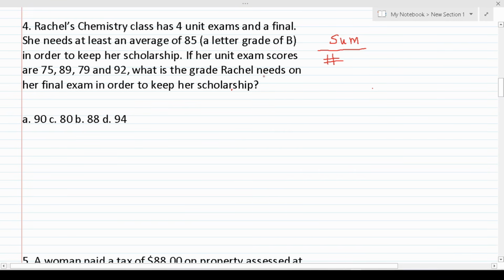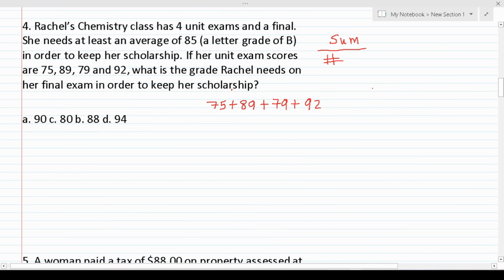And to solve this one, we're also going to have to account for her unknown grade on the 5th exam, which is the final. So that's going to look like this. 75 plus 89 plus 79 plus 92.